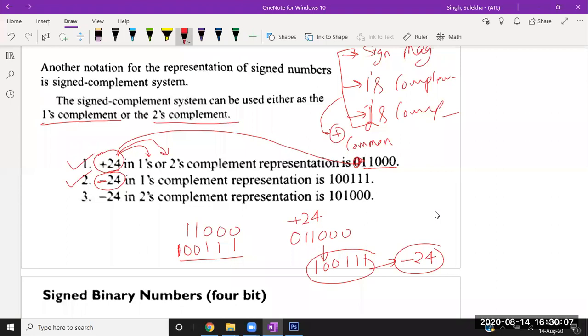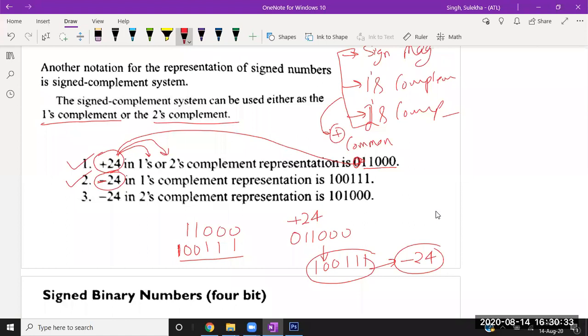And listen to all those things very carefully because I'm going very deep into this signed representation. Be attentive. No need to pick up any pen or paper. You just need to listen with a very attentive mind.